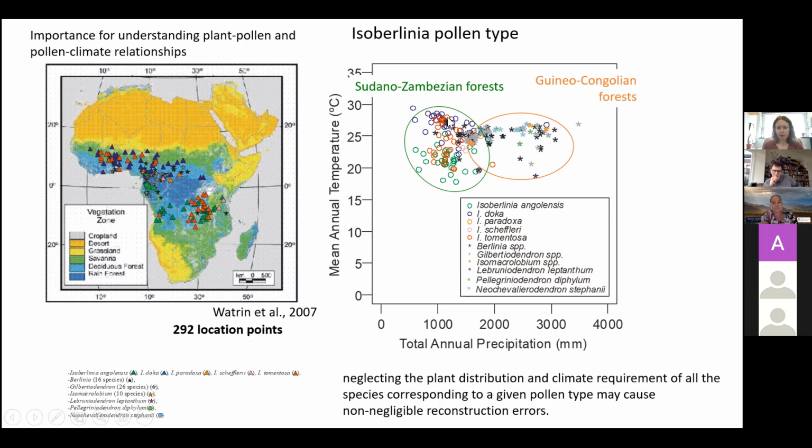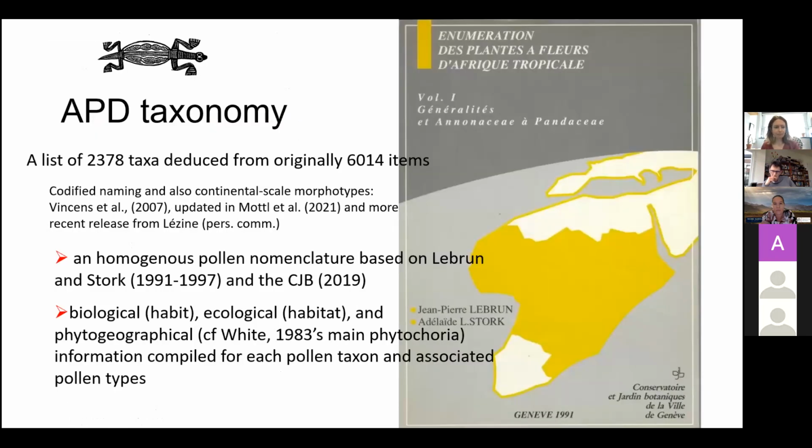You can see that these dots are different species of Isoberlinia. They have a tendency to grow in more seasonal, low precipitation climates. The other genera within that morphotype have a tendency to grow in wetter climates. So neglecting that distribution and not standardizing pollen names can lead to non-negligible errors in continental level reconstruction.